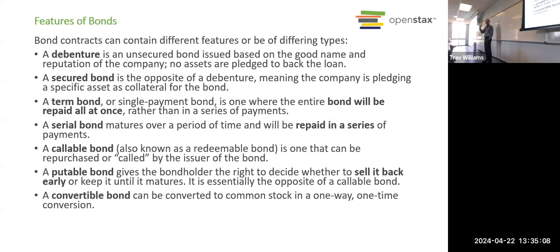And I'm going to have to pay you back, probably with interest. But let's say you decide that you want to convert that bond into stock because you think the company is growing so quickly, you'll make more money if you own stock in the company. And then you could convert it from a bond to shares of stock.